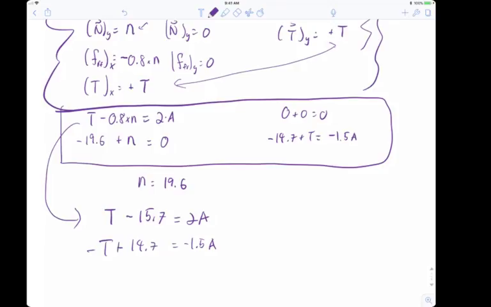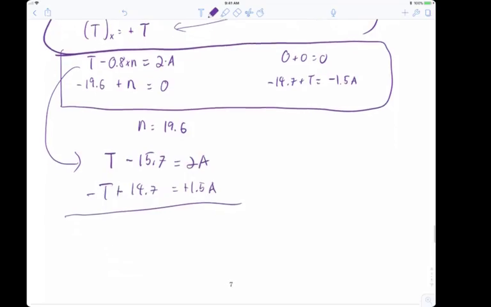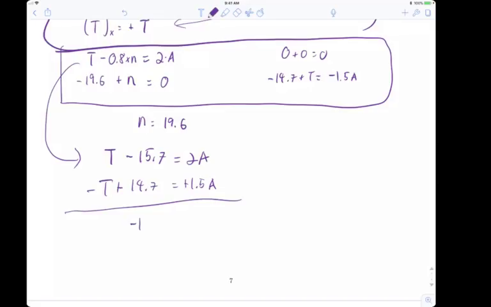Let's subtract them. So this is 14.7 minus 15.7. So that's minus 1 is equal to 3.5a. So a is equal to minus 0.286.